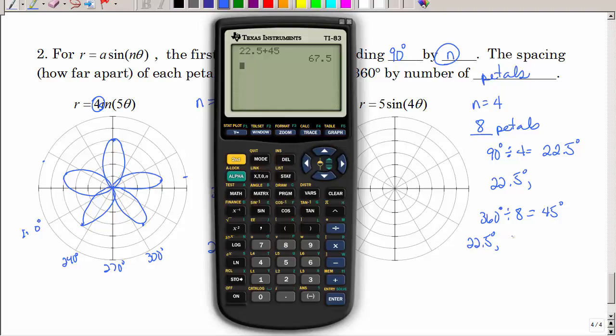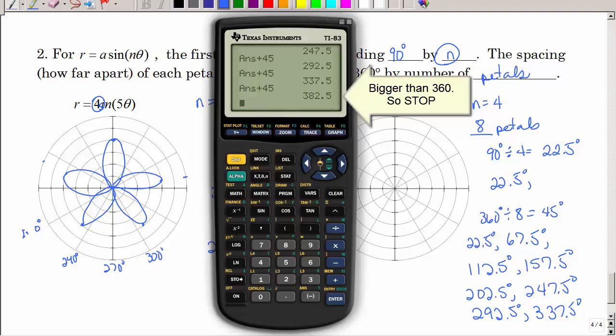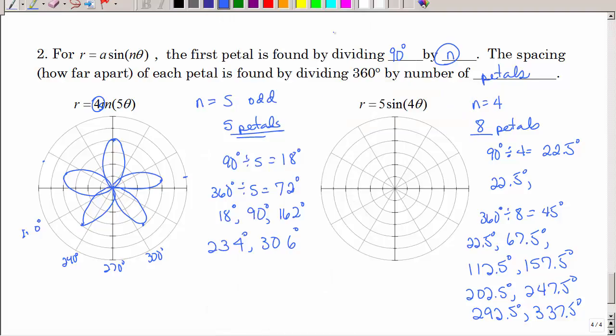So 67.5 is that one, plus... okay. Now that was a lot.